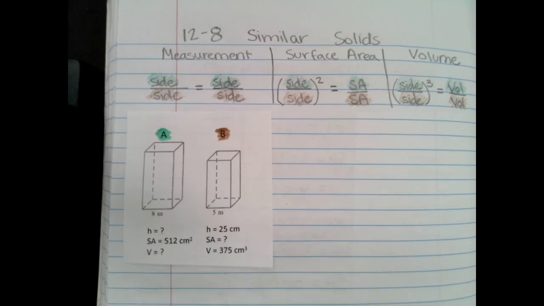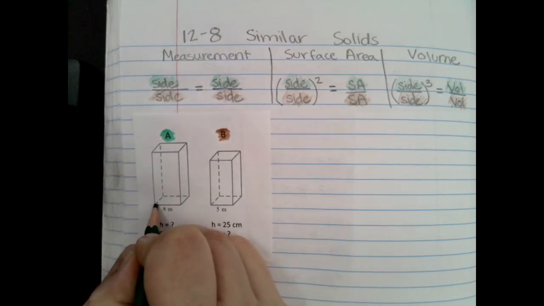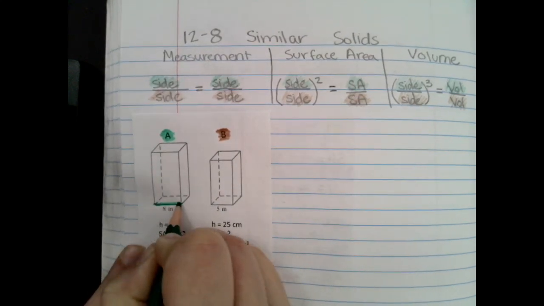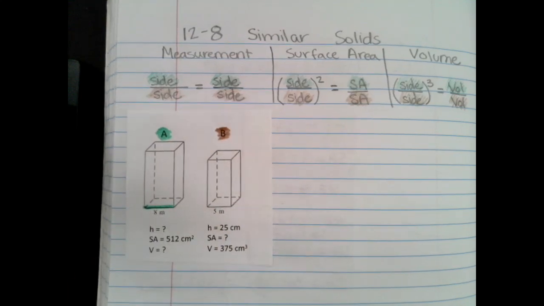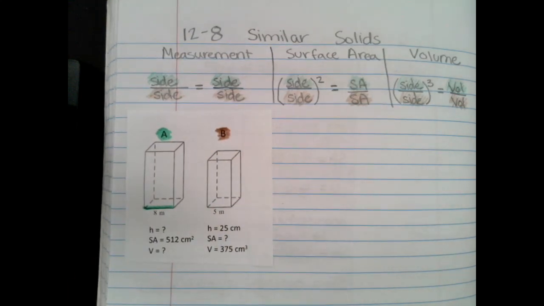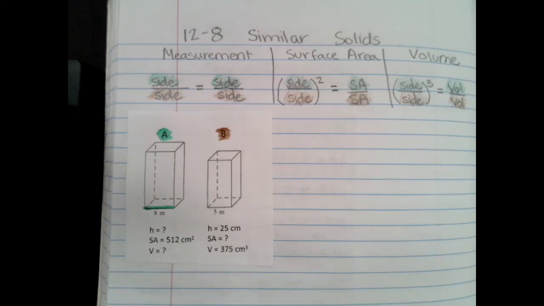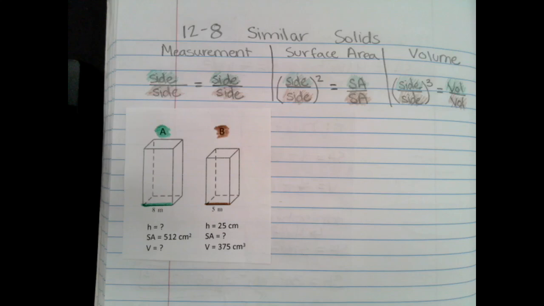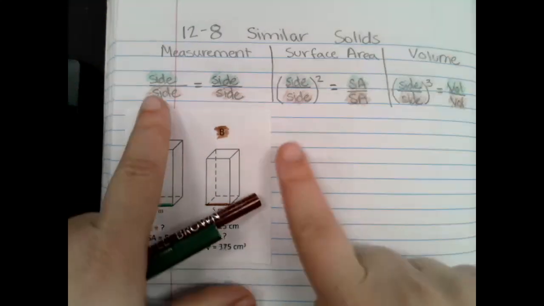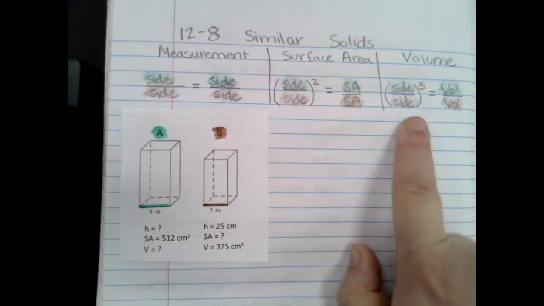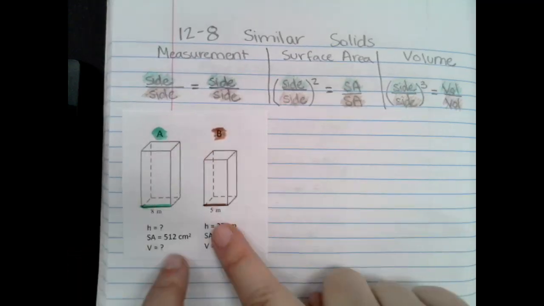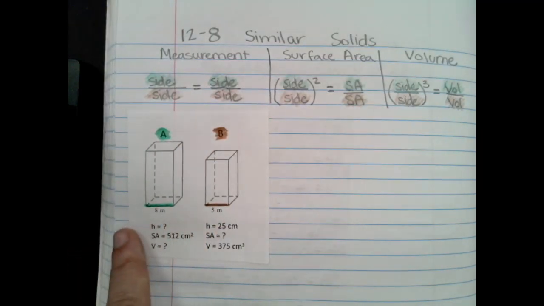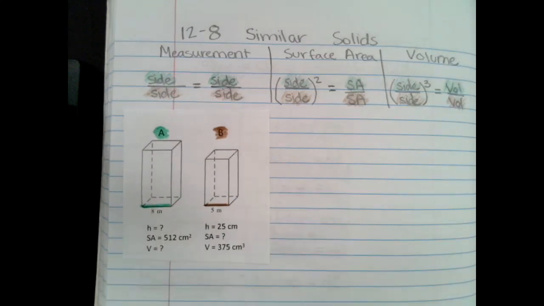Just notice A and B. The lengths we're given here: A has a side length of 8, and B has a side length of 5. Those are the 2 numbers that we're going to continuously go back to and compare. Each of these sides, we're going to use 5 and 8 or 8 and 5.